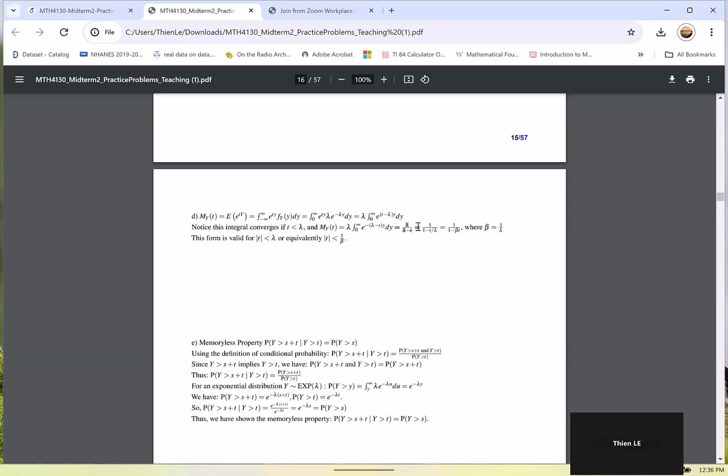And you can rewrite it in this fashion, okay? But again, this integral has an important property. It will converge, right, when your t is less than lambda. So make sure this guy is negative, right? Negative, right?